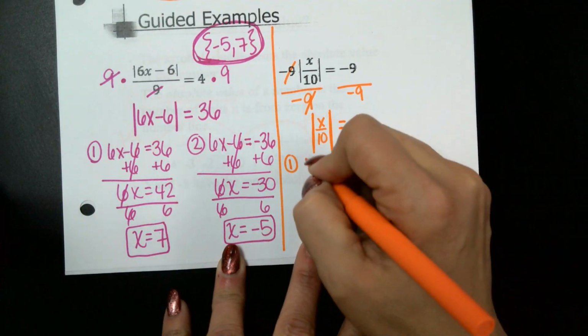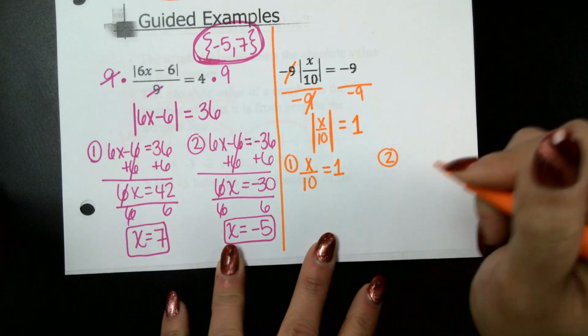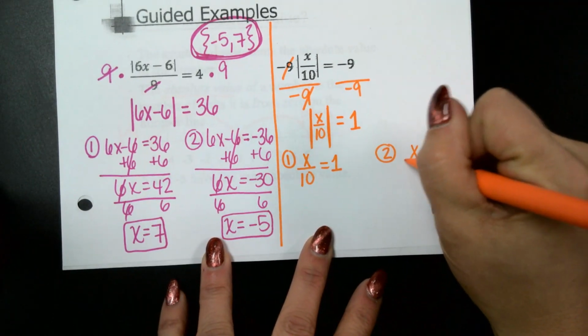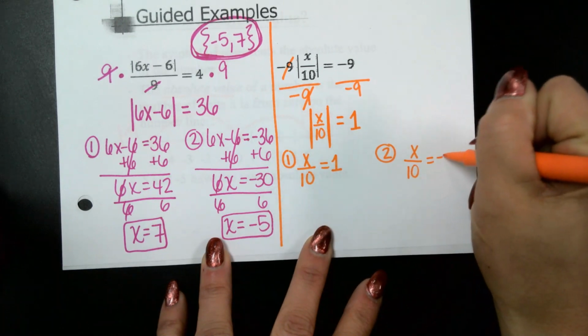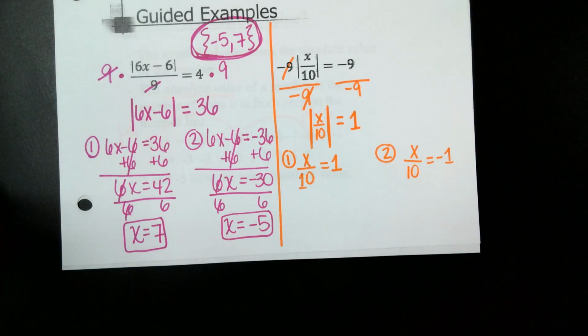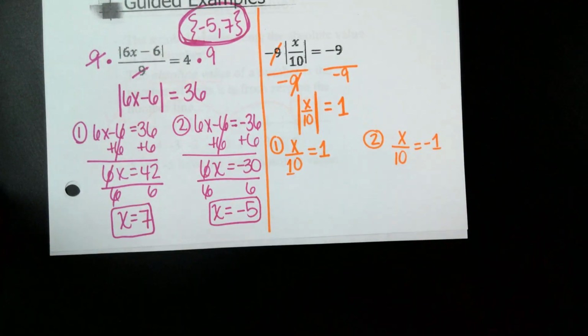It'll just say x divided by 10 equals 1. What's my second equation going to say? Equals negative 1, right? So those are your two separate equations. One set equal to the positive 1, one set equal to the negative 1.